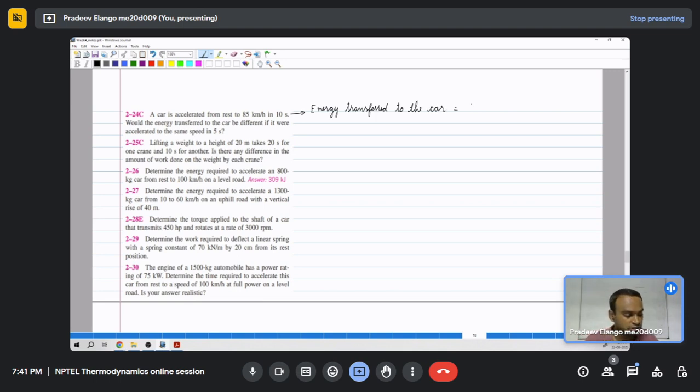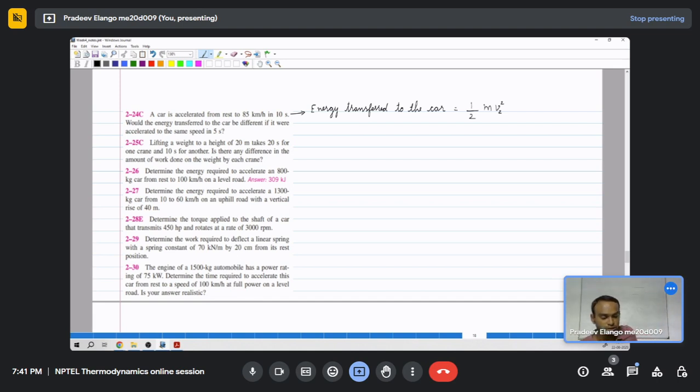So energy transfer to the car is the kinetic energy, and that is half mv square. Initially it is at rest, so the initial term is zero. Finally, this is the final speed, and there is no term of speed or term of time.